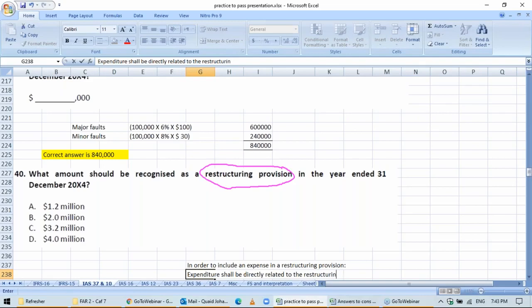For your convenience, I will use the words connected to discontinuation.